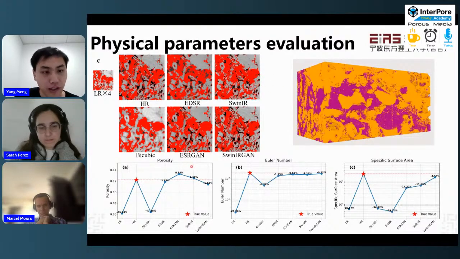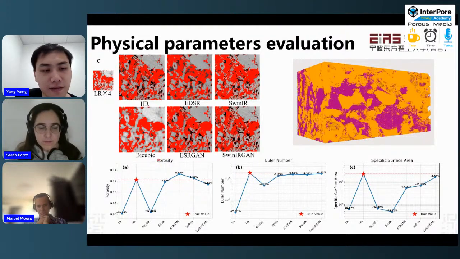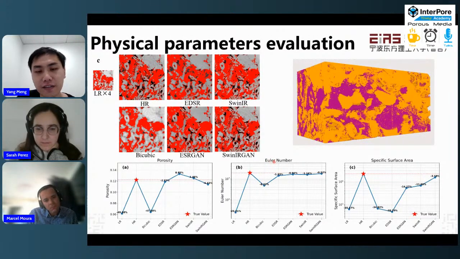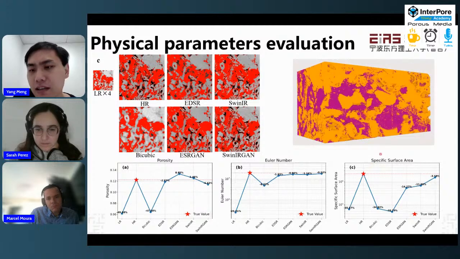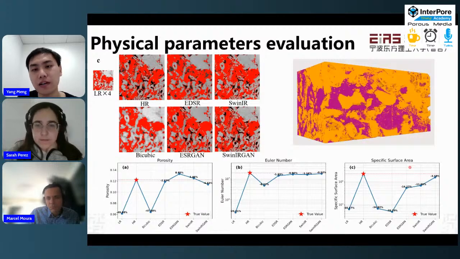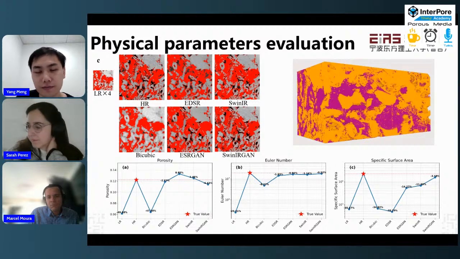This is the validation, and we evaluate 3 parameters we are probably concerned with. The first is porosity. The second is the Euler number, which is to study the connectivity of the pores. And the last one is called specific surface area, which is the surface of the digital rock and the pore over the volume of the digital rock.